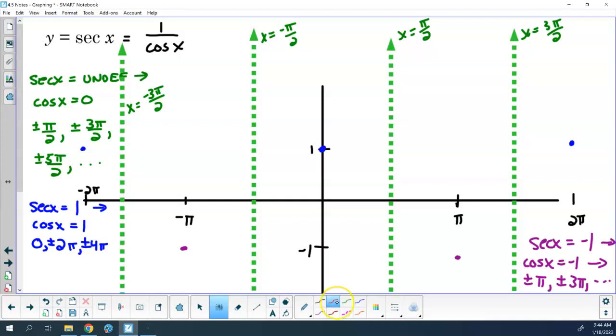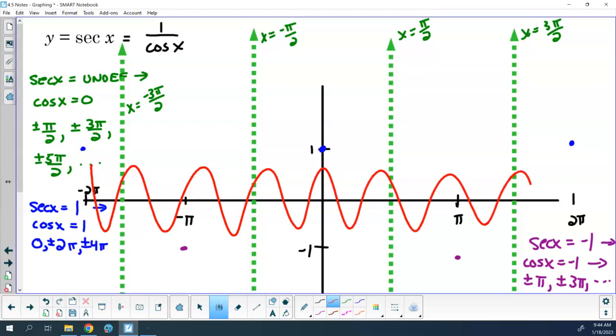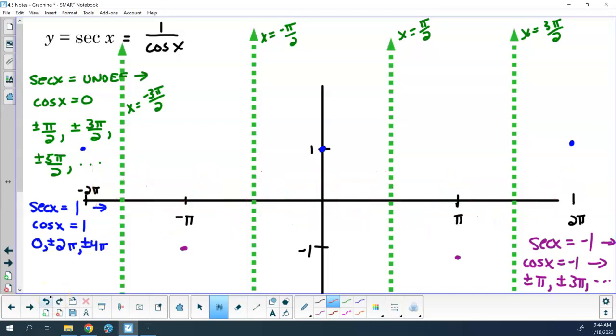This middle area right in here is a no-fly zone for secant. Okay? Because it's not going to be 0, so we're not going to dive down in there. That's a no-fly zone for all of the secants.